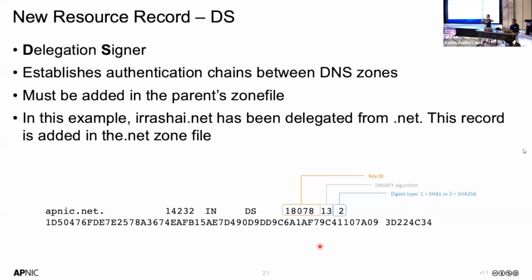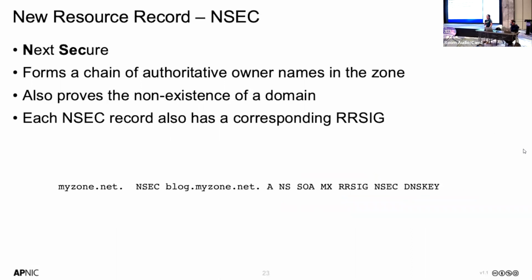It might be a bit too much to take all of this in, but I hope you get the idea of what each of these records do, and you'll see more examples of this as we go on.